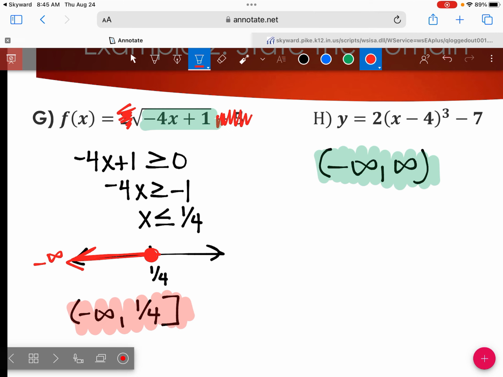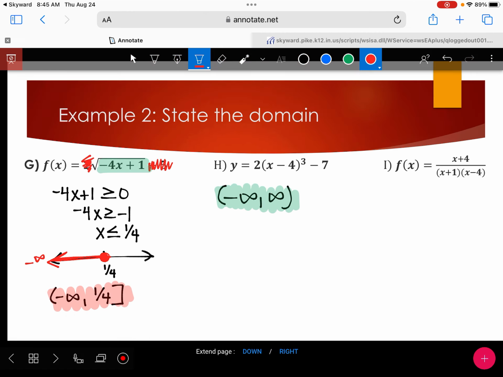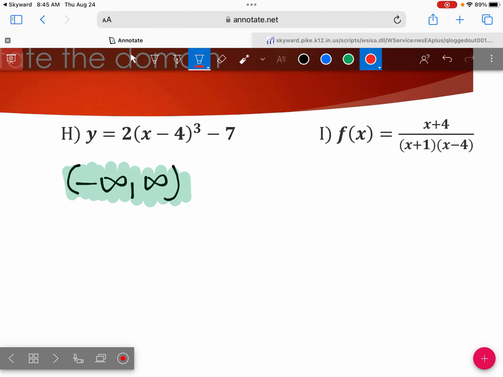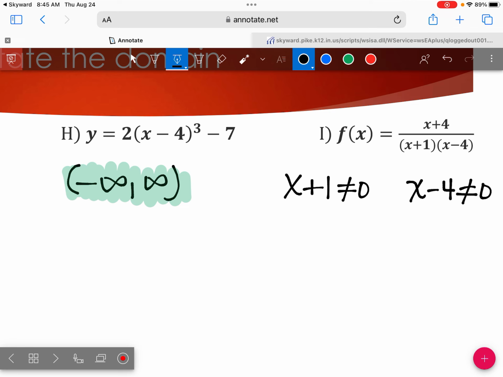And for our last question, you have 2 equations. We have to set them both equal to 0 because we have to take them both out. So x plus 1 cannot equal 0, and x minus 4 cannot equal 0. Go ahead and solve them.